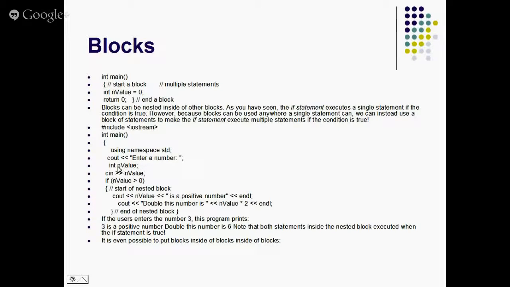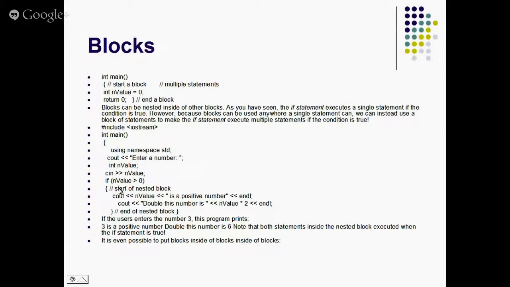We are just allocating some space in memory, saying that n value is going to be an integer, numeric variable, and with a cin statement, you're taking that n value as an input. So the program displays enter a number on the screen. Now, since it is normal English, the person sees it and says, oh, enter a number, that means I have to enter a number. And whatever he enters after this will come to you as an input in the variable n value.